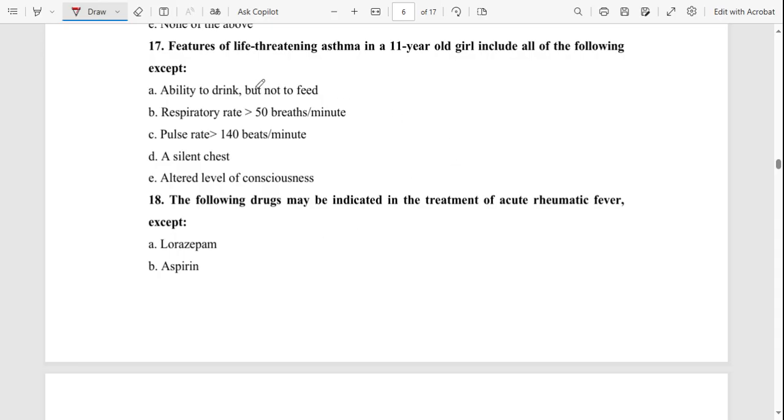So which one of these is not a feature of life-threatening asthma? I think I have to go for A. All right. Why do you go for A? Any thought why? Why A?